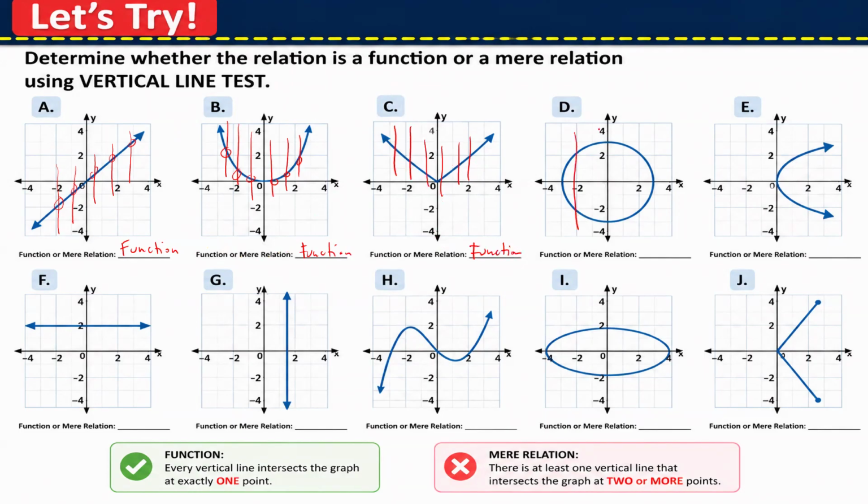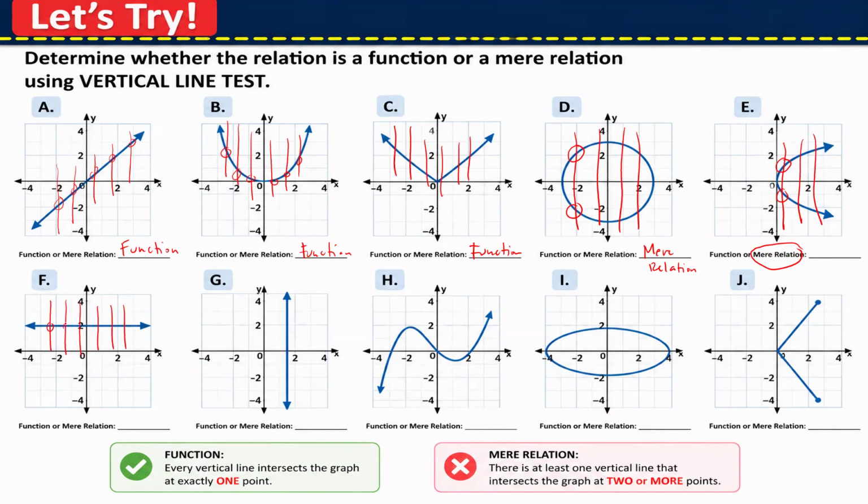Letter D, okay. So if you look at this one, this line touches or intersects the graph at 2 points, therefore it is now a mere relation. Okay? Next. Also this one, so dalawang beses nung isang vertical line na touch yung graph, so mere relation ulit siya. Okay?